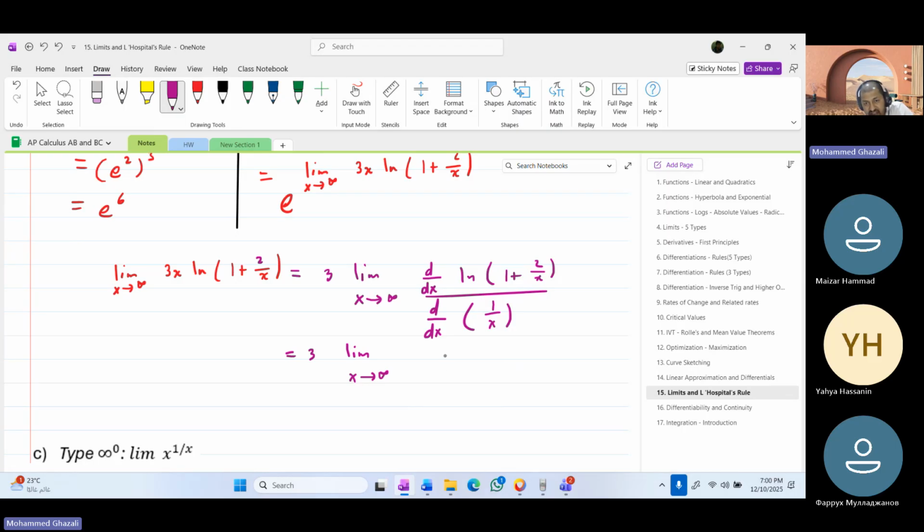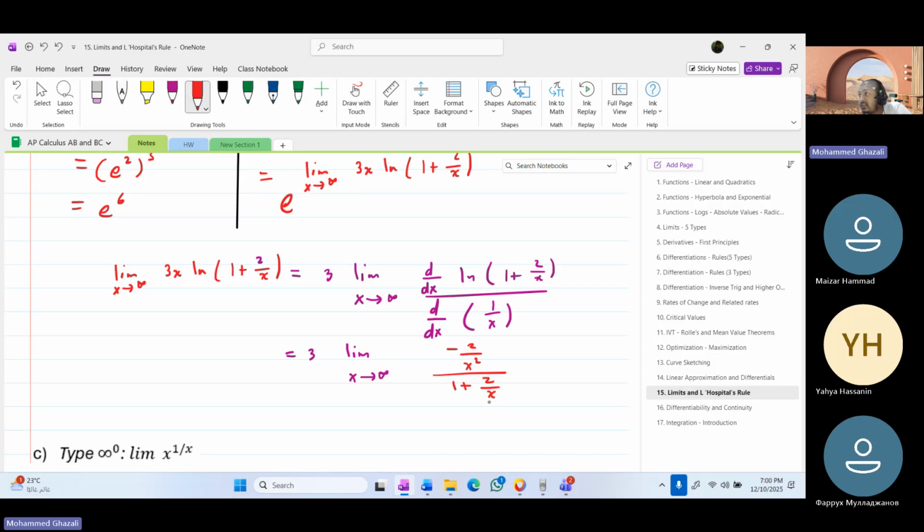Ln of this, so I'm going to say that's 1 over... What's the derivative of the inside? Negative 2 over x squared. And this part remains in the denominator. That's only the derivative of ln.